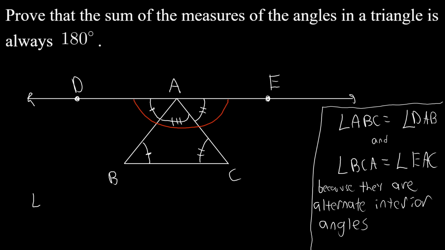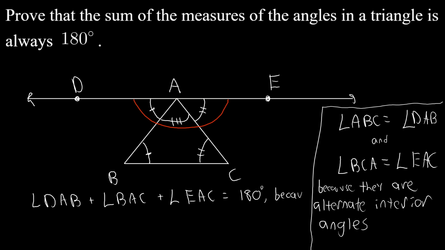Angle DAB plus angle BAC plus angle EAC is equal to 180 degrees because they form a straight angle. Beautiful.